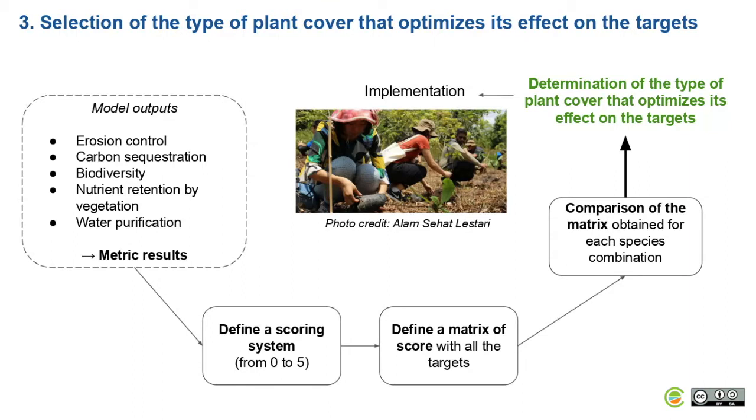So we would gather the score for each species combination into a score matrix. And then we would have to compare different metrics between them to find out which species combination gives the best results. And then we have to do this before implementation.